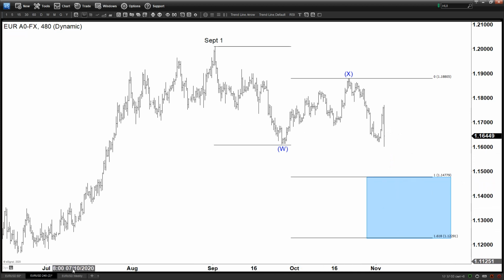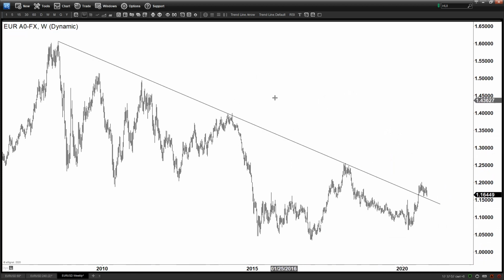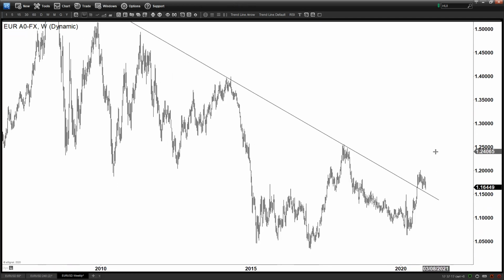And also, if we take a look at the weekly chart, this is even more interesting. We break above this 2008 major bearish channel in the euro dollar. We broke above it decisively, and are currently trying to correct that.